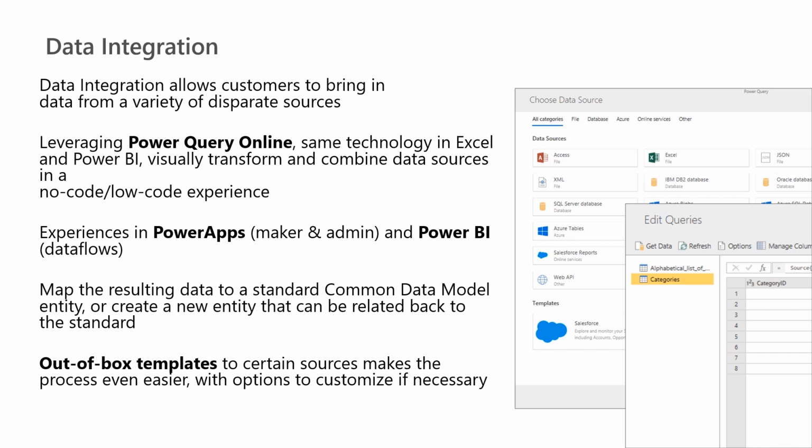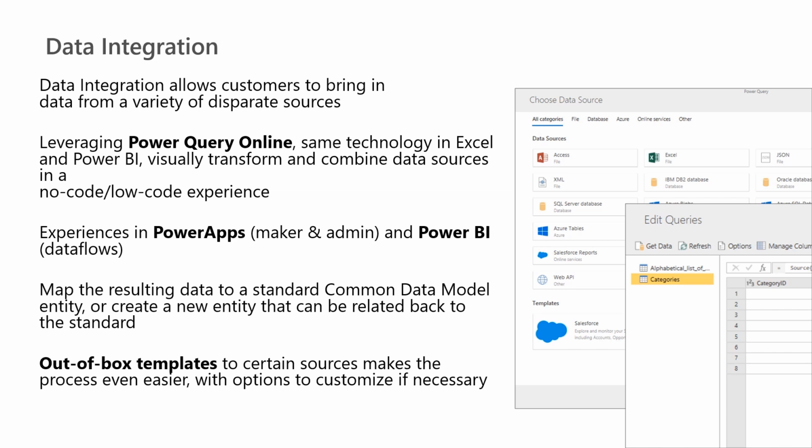Oftentimes, when you first adopt the Power Platform, you may have data that's in external systems that you want to bring into the Common Data Service. You can use the data integration capabilities of the platform to bring that data in or synchronize that data on an ongoing basis. The data integration capabilities leverage Power Query to do some of the mapping and transformation of those data sources.